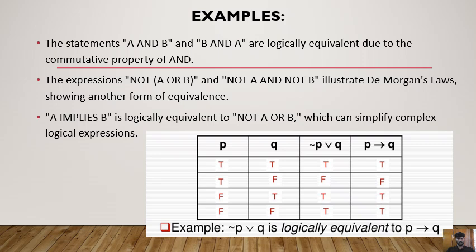The expressions not (A or B) and not A and not B illustrate De Morgan's law, showing another form of equivalence. A implies B is logically equivalent to not A or B, which can simplify complex expressions.